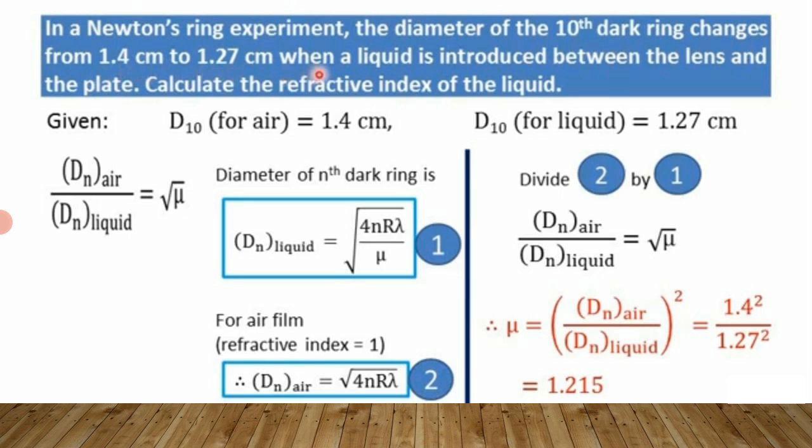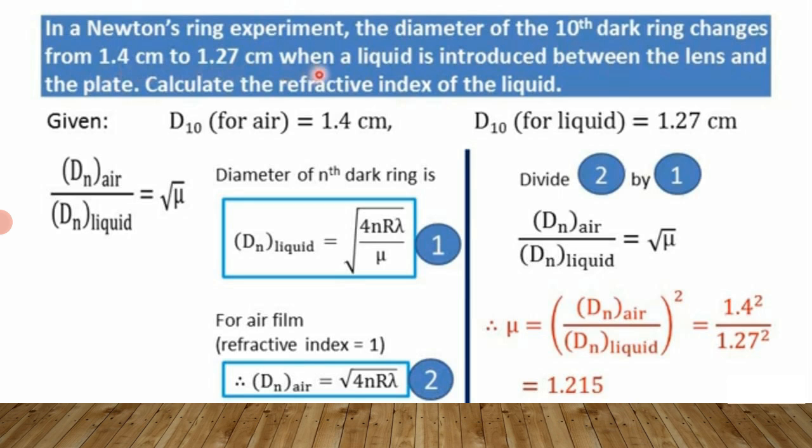So what is the problem? In Newton ring experiment, the diameter of the 10th dark ring changes from 1.4 cm to 1.27 cm, and we have to calculate the refractive index of the liquid.